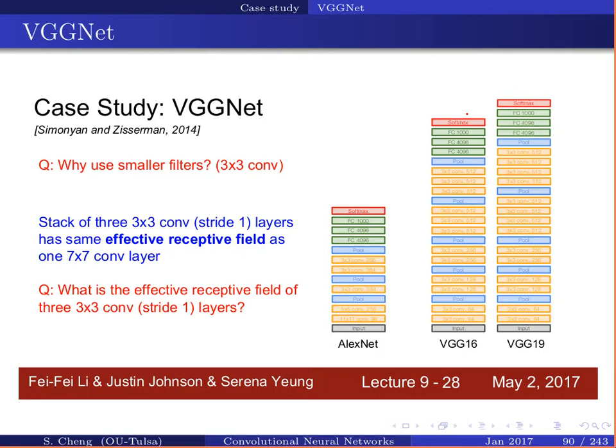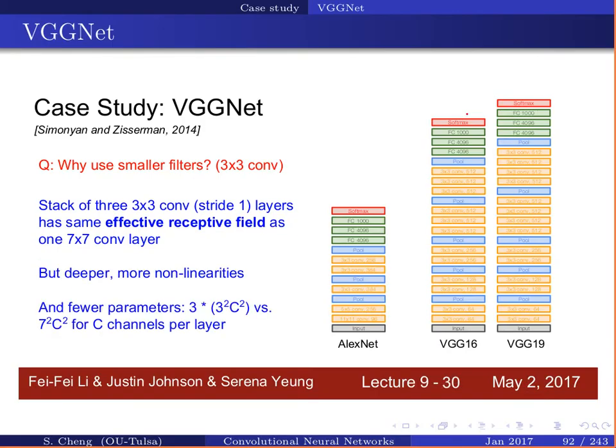Also, in each layer you introduce some nonlinearity, because it goes through a ReLU layer. Moreover, you get an extra gain. Compared with a 7x7 conv layer, you have 7 squared C squared parameters per channel.